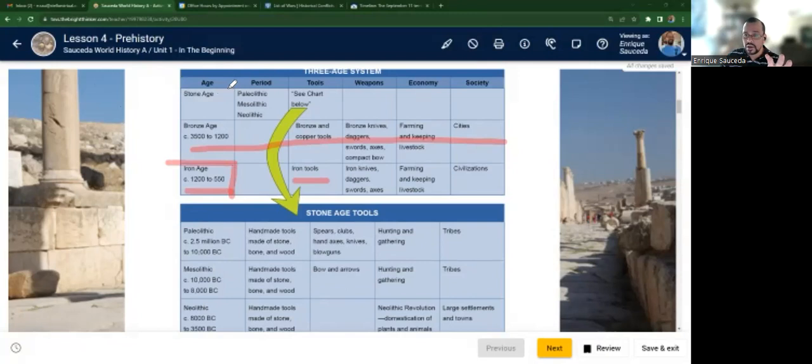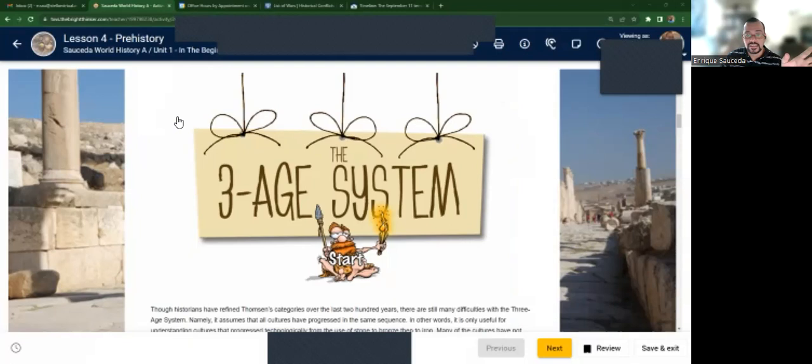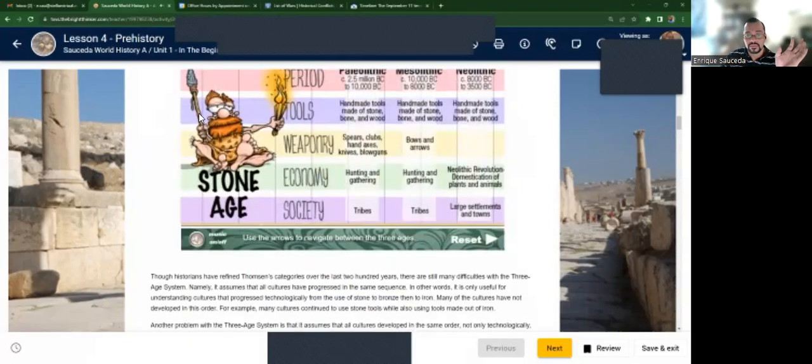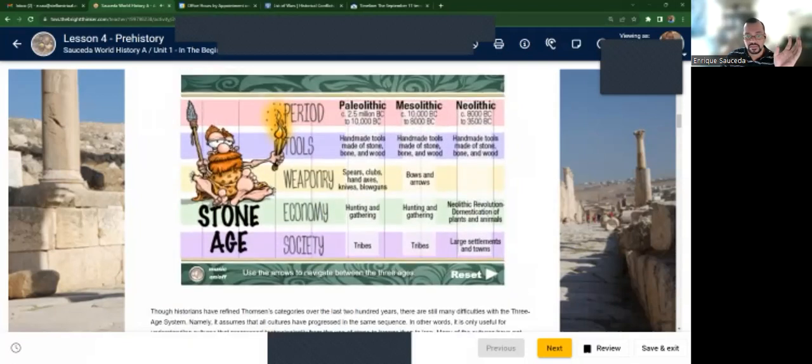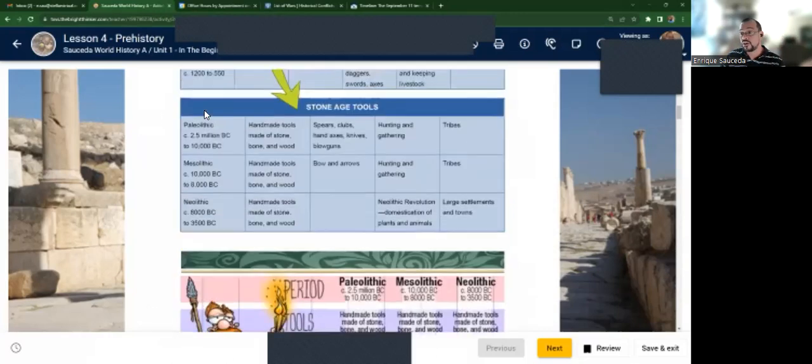Same concept, but iron is better than bronze, which is better than stone, right? Stronger items, stronger cities, stronger weapons, bigger armies, etc. And this, turn that off, apologies, is the same chart we have up top.